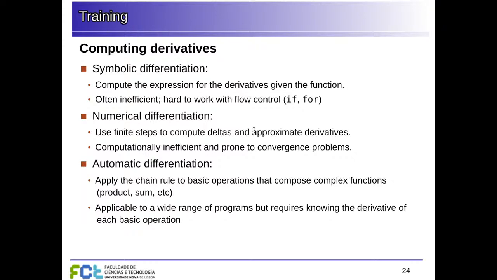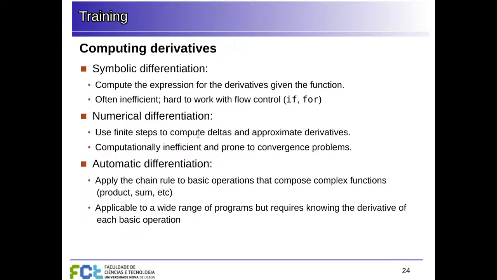This is not very good because not only does it require a lot of computations, we have to use very small deltas, and if we use very small steps, this can take a long time to get us to where we want. But if we use steps that are larger, then generally we have convergence problems and things blow up. So it's not at all feasible to do backpropagation with numerical differentiation with neural networks.